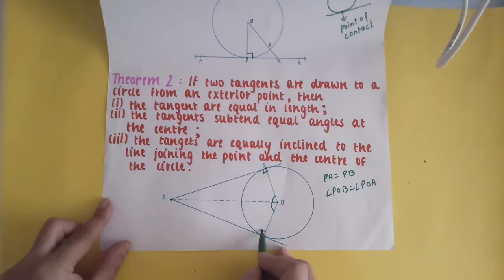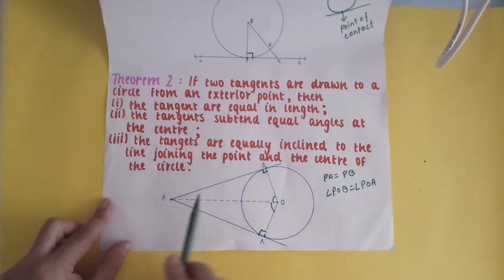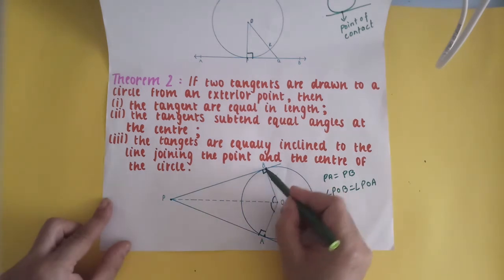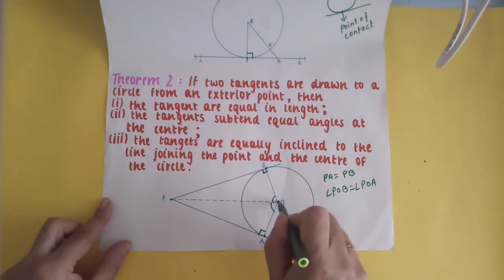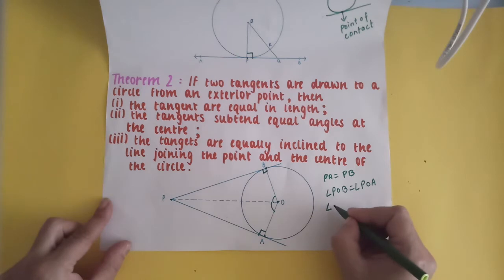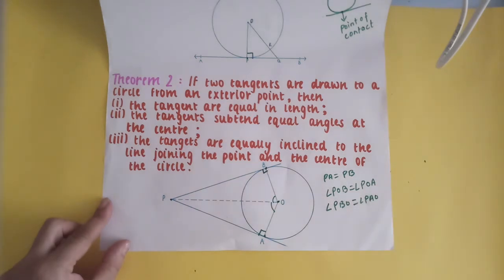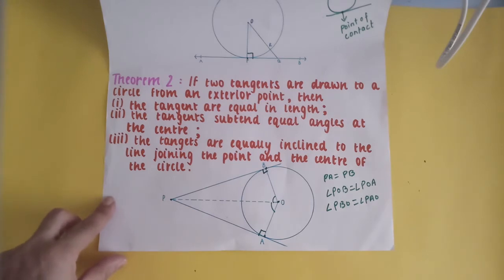So this will also be 90 degree. So can we say that the tangents are equally inclined to the line joining the point and the center of the circle, right? So in that case, we can say that angle PBO is equal to angle PAO, right?